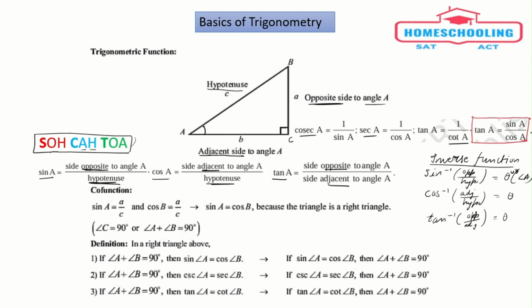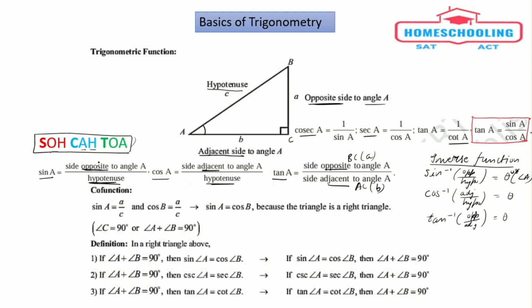So tan A would be opposite, that is BC, by adjacent, that is AC. So this would be BC by AC. And as we know, the length of BC is taken here as A unit, and this is B. So this is how we can remember.